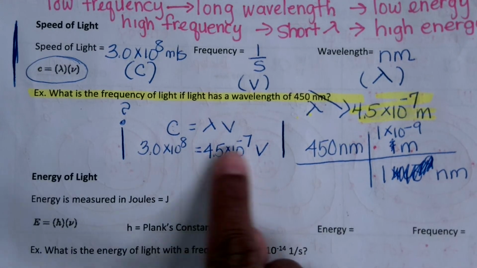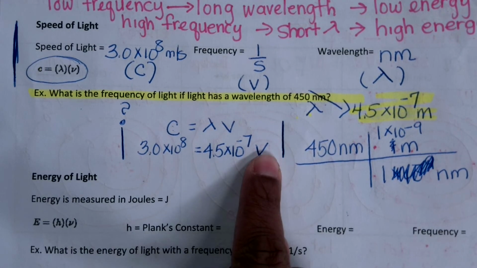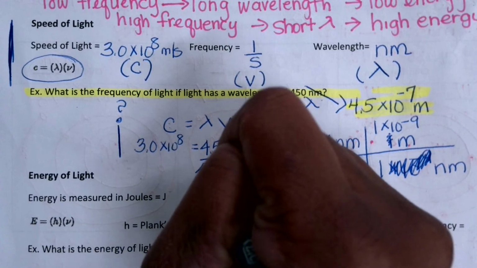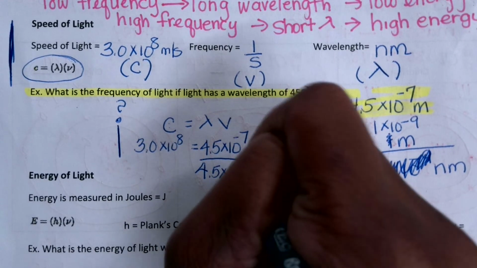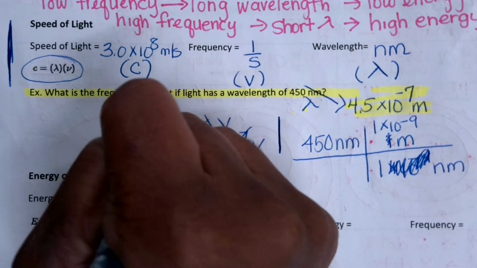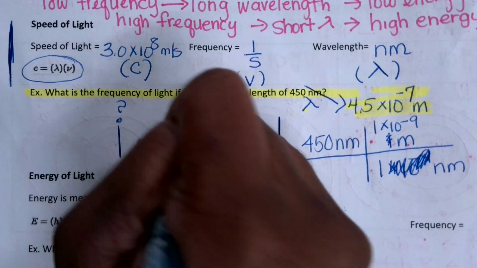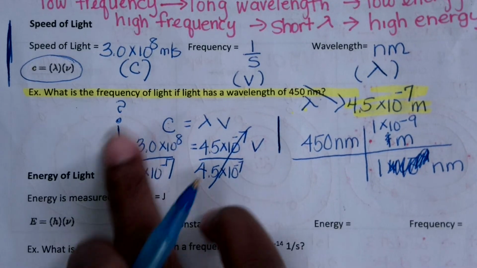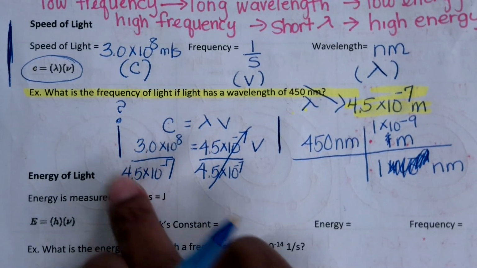So see how they're multiplying this times V? To get it by itself, you just divide both sides by the part that you want to get rid of. So see now, V equals this. So all we got to do is solve for this.